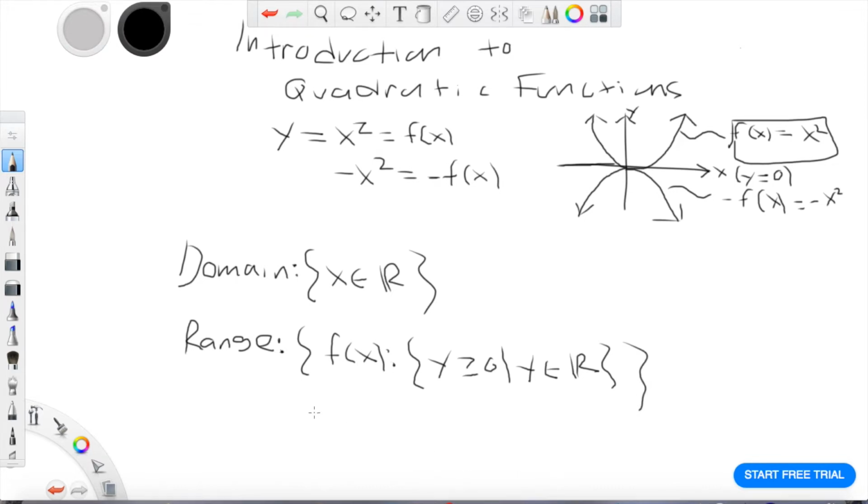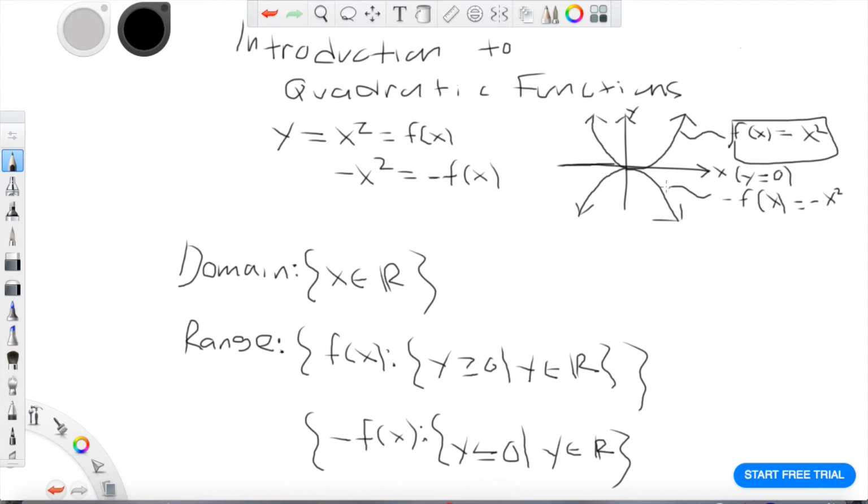What about for the other one, the negative f of x? So the range of negative f of x is going to be y less than or equal to 0, such that y is a real number. And that's because there's no positive values that this negative f of x can take on.